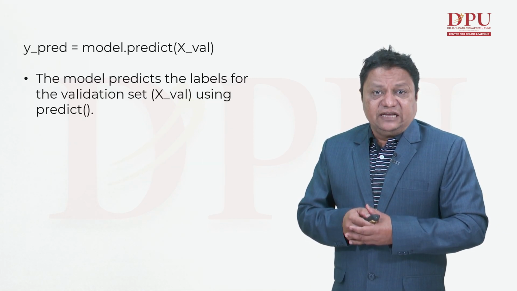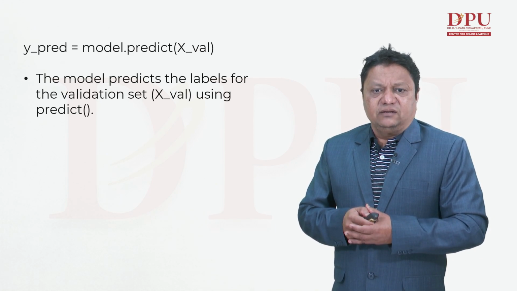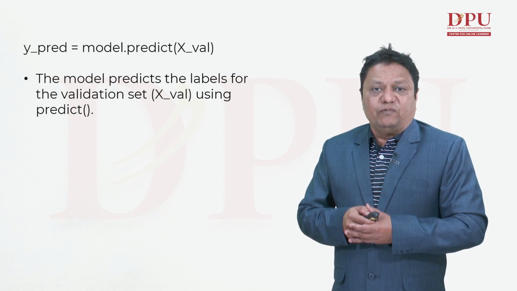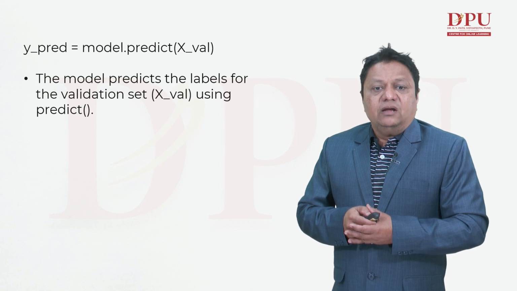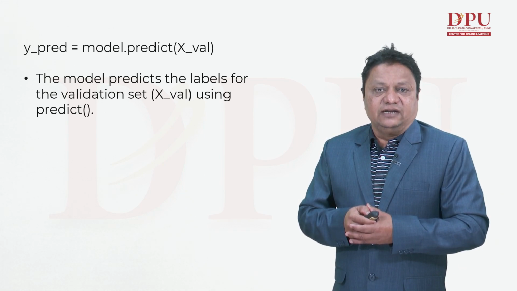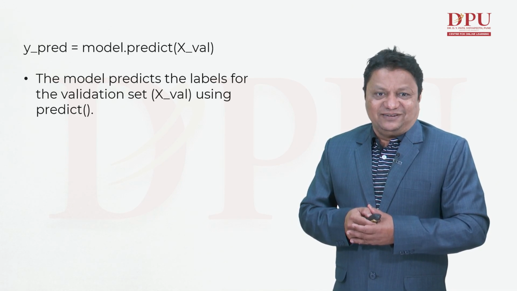Then the next statement is y_pred is equal to model.predict, in the bracket I have specified one parameter, x_val. So this will predict the labels for the validation set using the predict method.